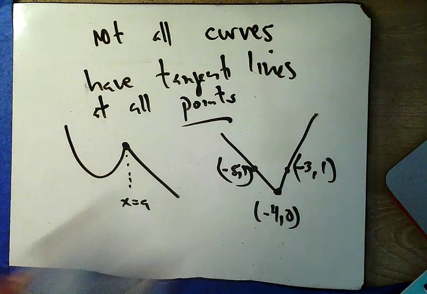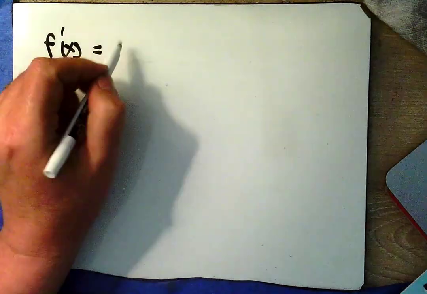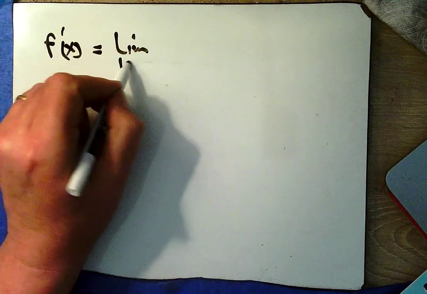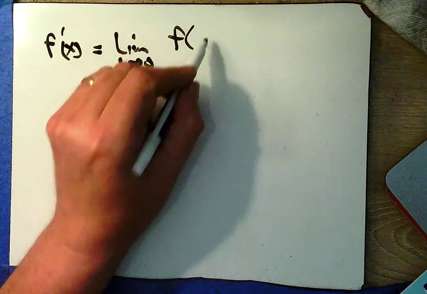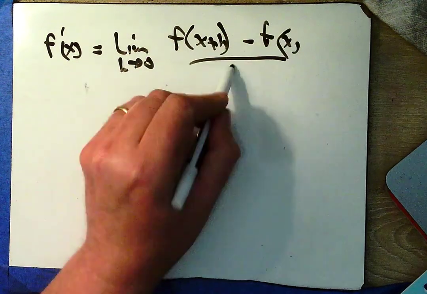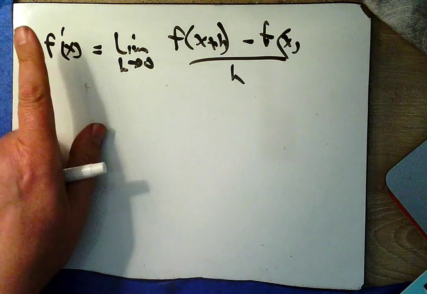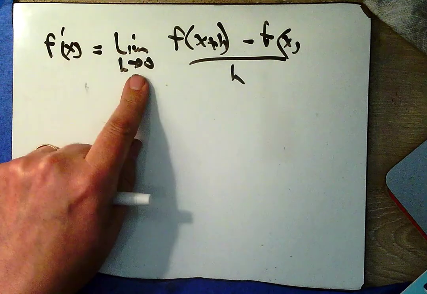Well, let's go back to this limit definition of the derivative for a minute. We said that the general derivative was the limit as h heads to 0 of f of x plus h minus f of x all over h, yeah? And guess what? The derivative is a limit.